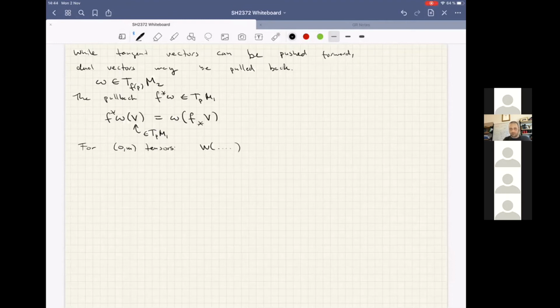That's a 0 M tensor on M2. We can define the pullback of W to M1, taking tangent vectors V1 through Vm as arguments, and that's then just defined as W acting on the push forward of all of those vectors.